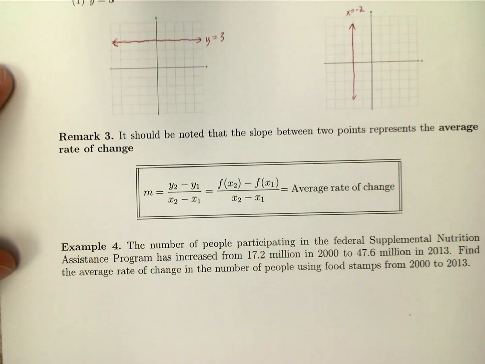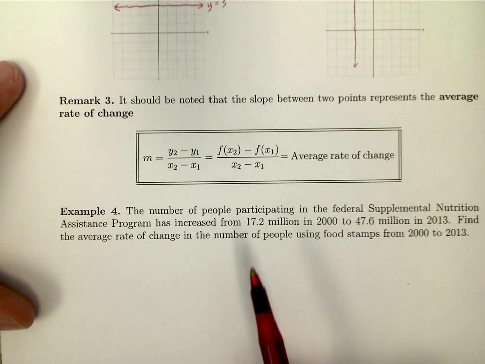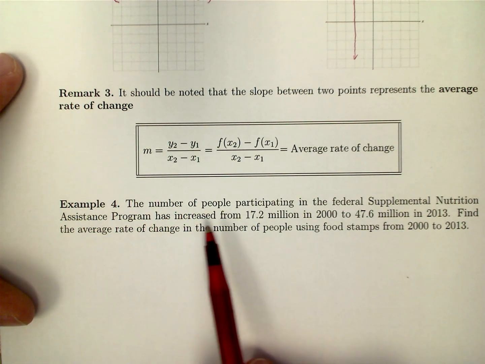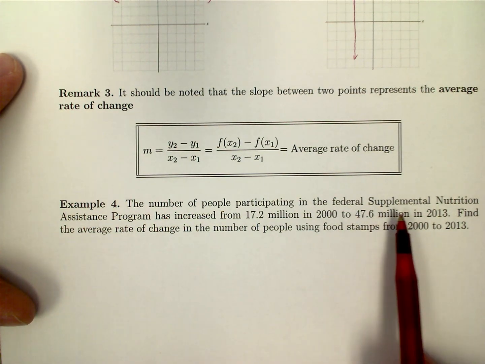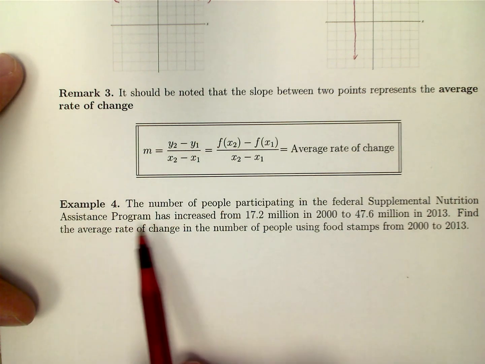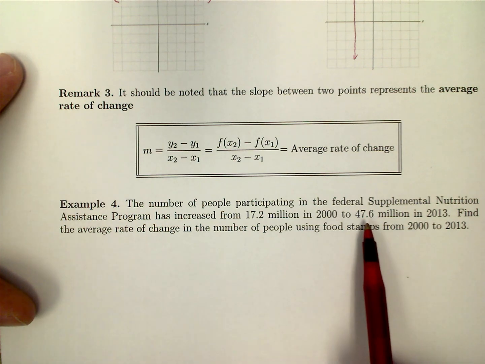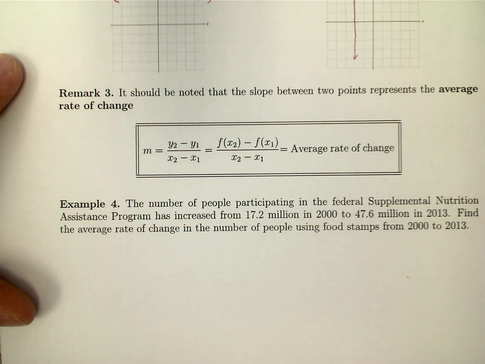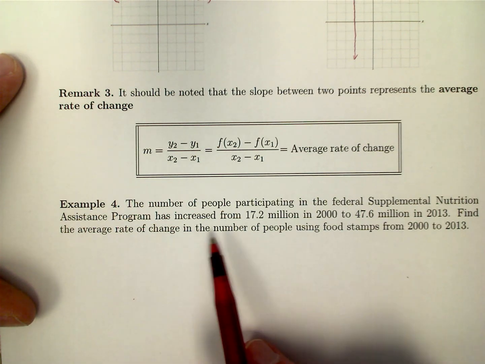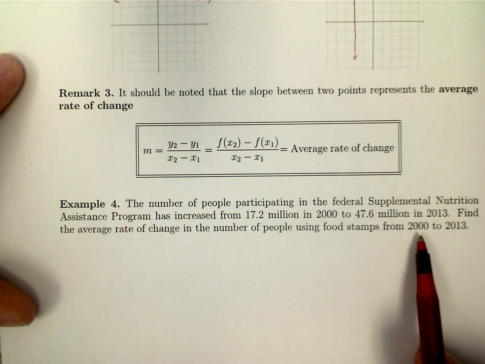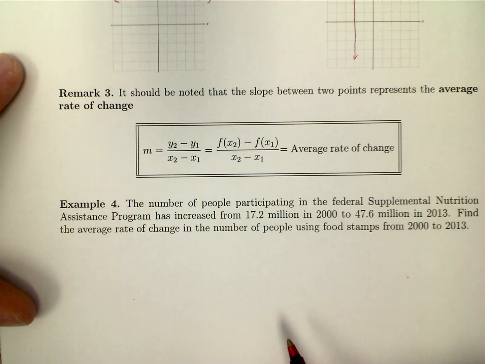So for example, the number of people participating in the Federal Supplemental Nutritional Assistance Program has increased from 17.2 million in 2000 to 47.6 million in 2013. We want to find the average rate of change, so just slope, in the number of people using food stamps from 2000 to 2013.